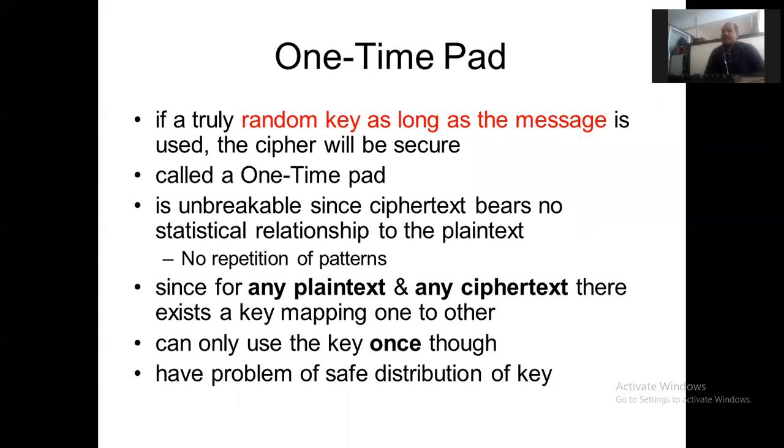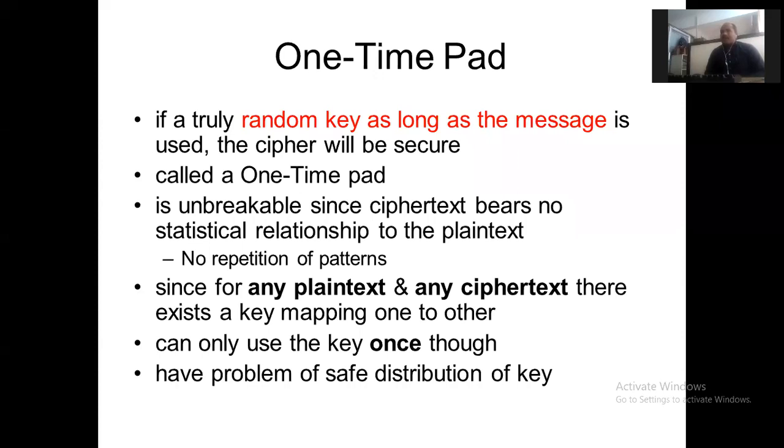The one-time pad is a very easy algorithm. The remaining two algorithms, the polyalphabetic cipher and the Playfair cipher, I will explain tomorrow in the next lecture, because they require more time. Now we'll see what the one-time pad is.